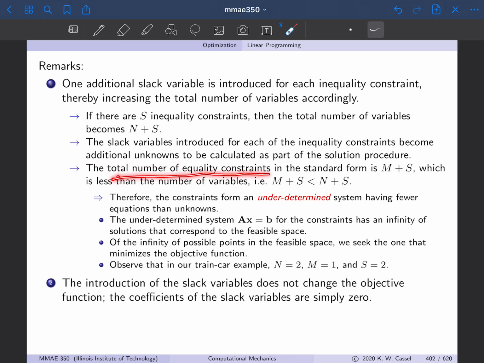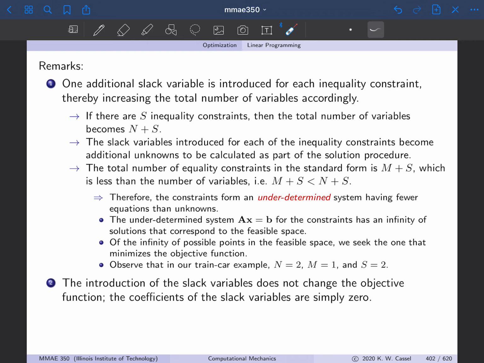Now the total number of equality constraints is going to be M plus S. Remember, M was the original number of equality constraints in the original problem, and S is the number of inequality constraints. We introduce S slack variables to get rid of each of those, and so now we have M plus S equality constraints.